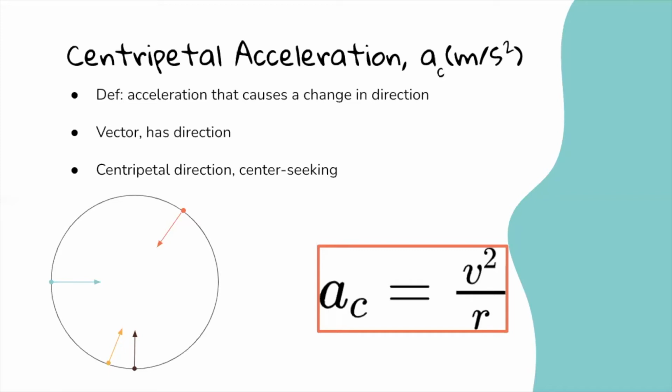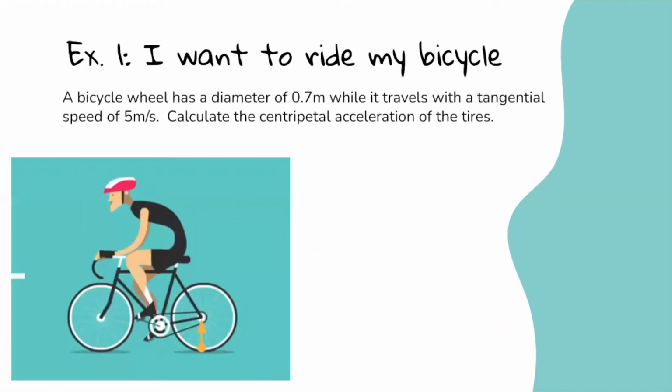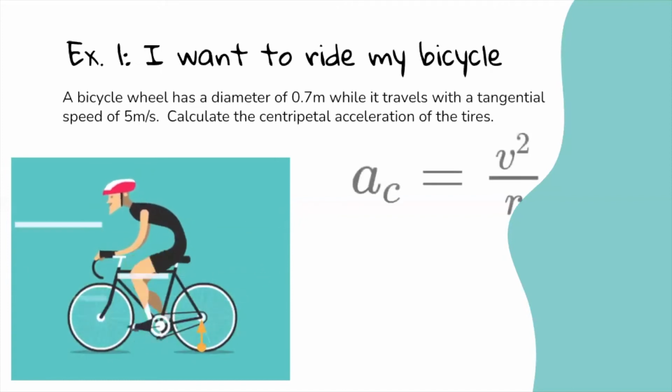All right, so centripetal acceleration, let's say I do one where I try to trick you, because sometimes I do ones where I try to trick you. So let's say in this case, I've got a bicycle and the wheel has a diameter of 0.7 meters. We know the tangential speed, so I know V, cool. And I want to calculate centripetal acceleration.